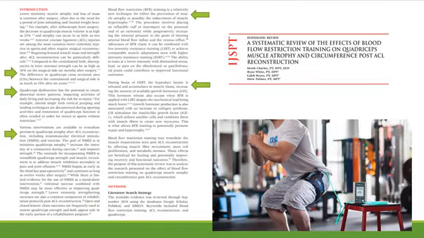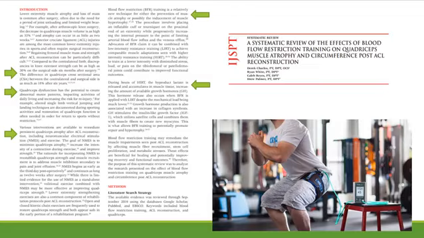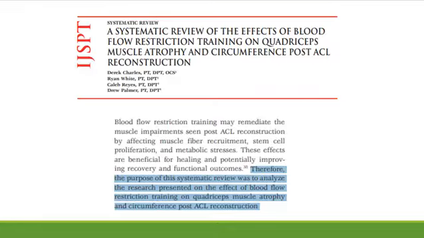The fourth paragraph talks about blood flow restriction training, and the fourth and fifth paragraphs give us information about how it could potentially be a benefit. And then finally, the final paragraph gives us information on the purpose of this systematic review.